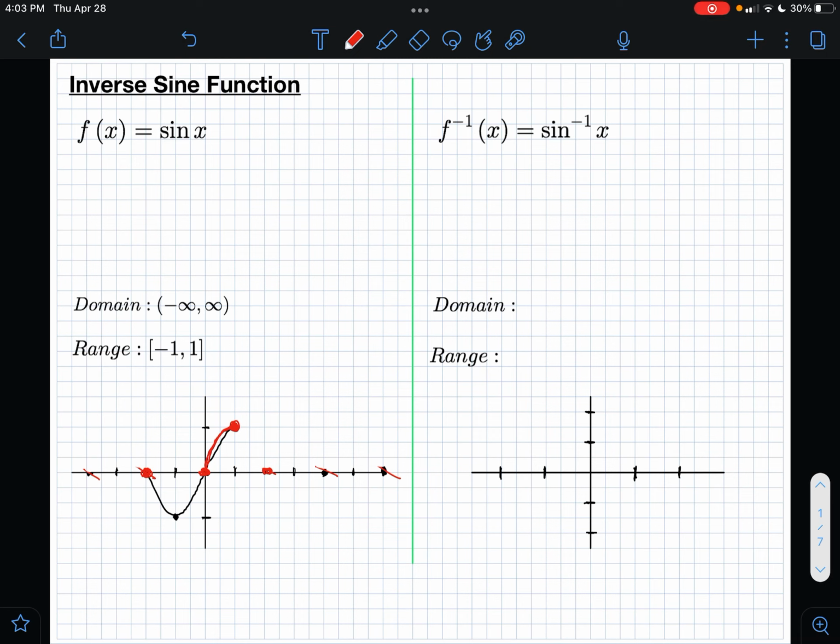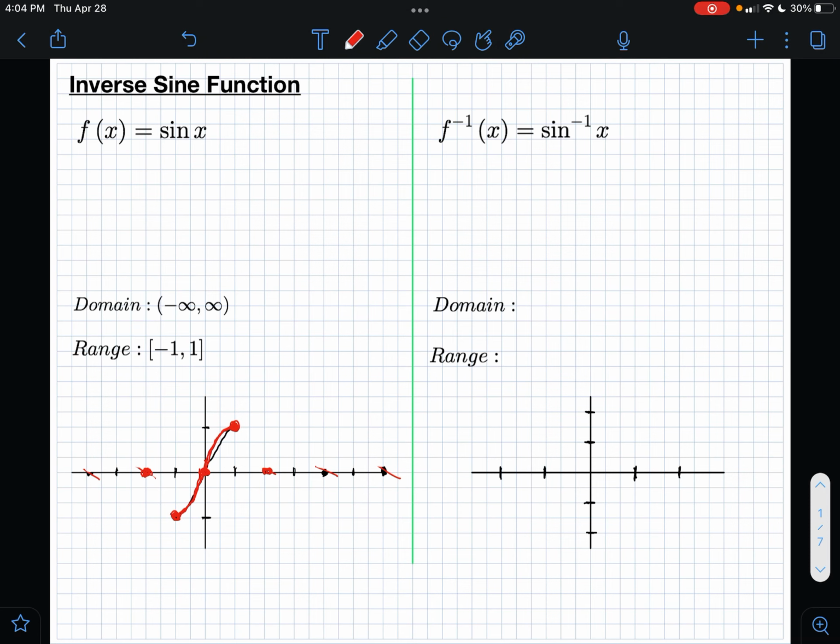On the other side, it's the same idea. We can get all the way down to -1, but once we hit that minimum, to go any further would be to come back up and hit the same y values on the way up that we hit on the way down.